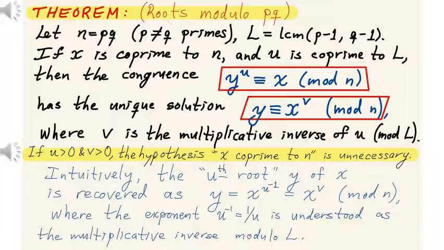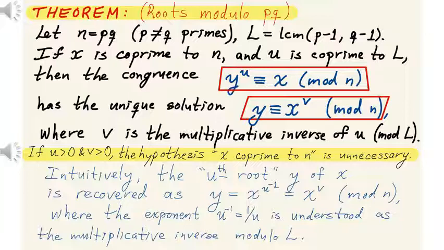But what it means to raise to the exponent 1 over u is actually taking the multiplicative inverse of u modulo L. Remember that in the group U_n, the Lth power of any element is equal to 1.